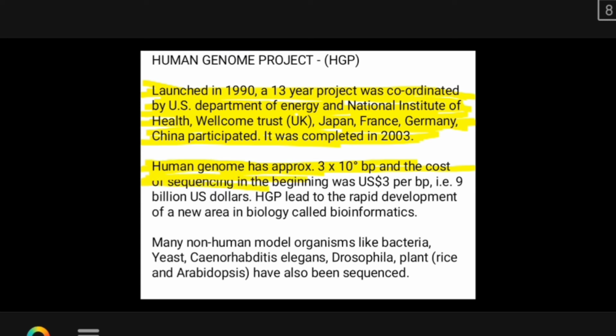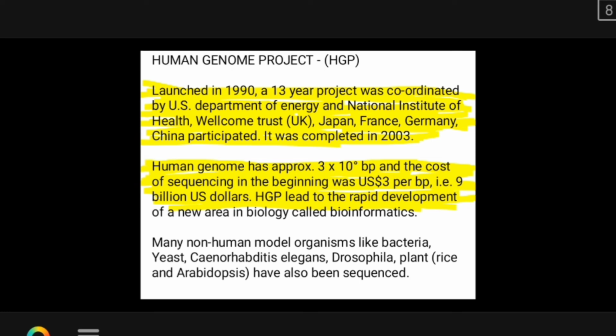The cost of sequencing in the beginning was 3 US dollars per base, so it comes out to be around 9 billion US dollars, the price of this Human Genome Project, because there are approximately 3 billion base pairs and the cost of sequencing one base pair is around 3 US dollars. That's one of the reasons it is called a mega project.